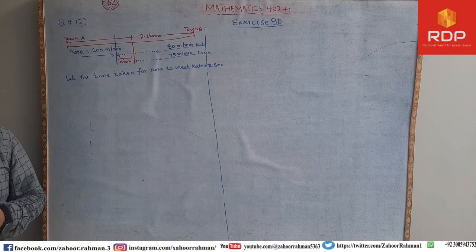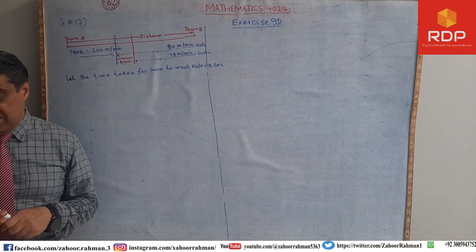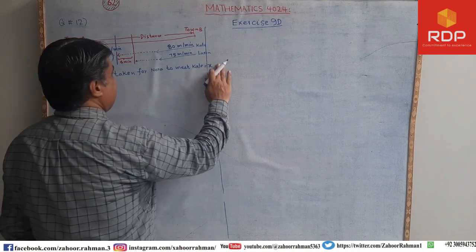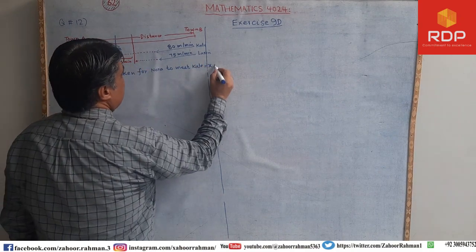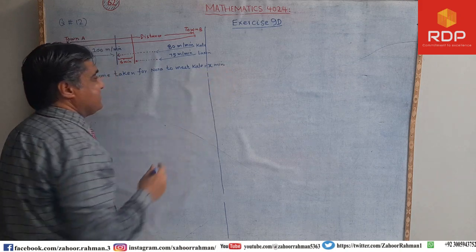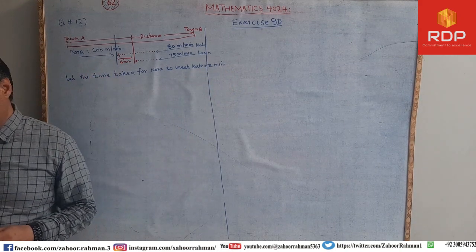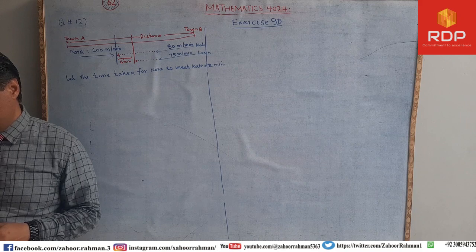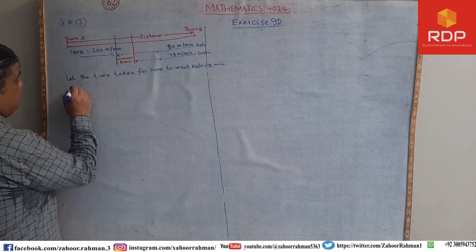It is x minutes, because everything is given in minutes, so we have to take it in minutes. So the distance between town A and B.